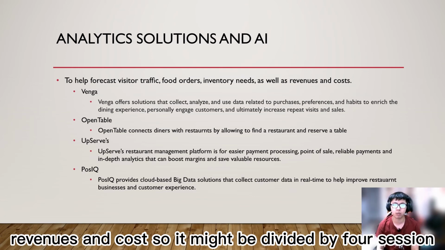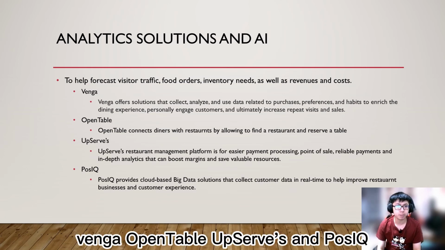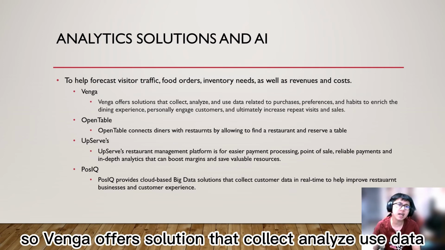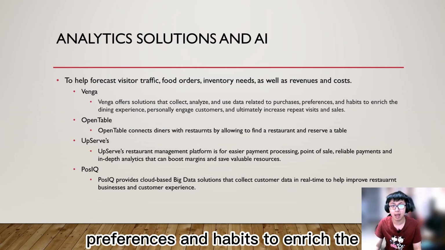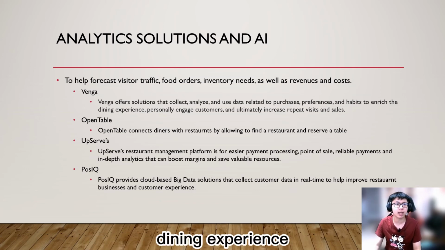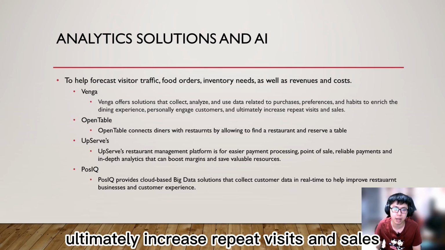It might be divided into four sections: Vanguard, OpenTable, Observer, and Pos IQ. Vanguard is a solution that collects and analyzes data related to purchases, preferences, and habits, which personalizes the dining experience, encourages customer loyalty, and increases repeat visits and sales.